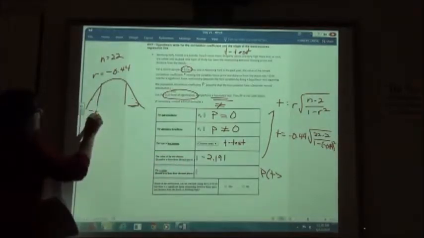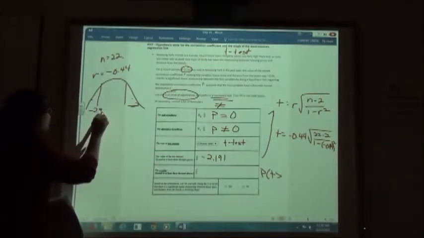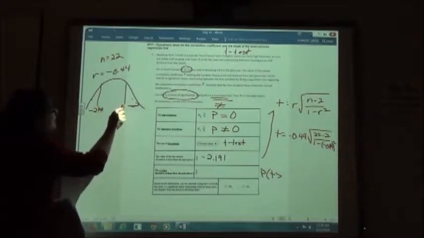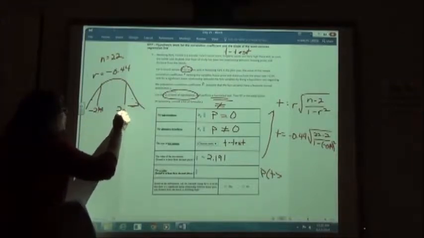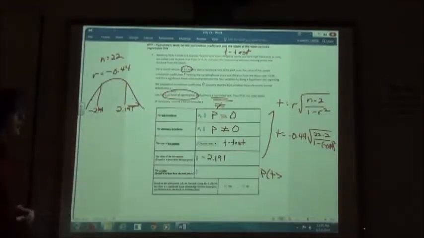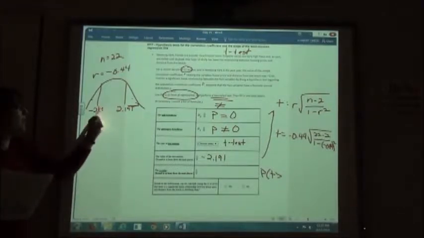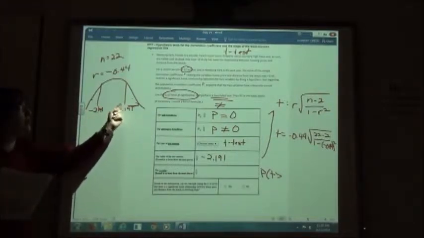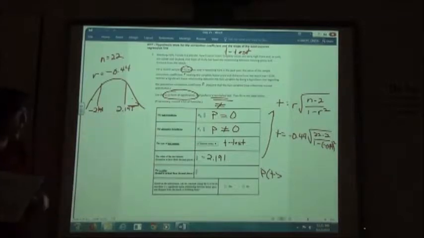This number here would be positive 2.191. So I have to be careful there. If it's a negative, we really want to do the positive if we're testing to the right. Otherwise, you could test to the left and do 1 minus.